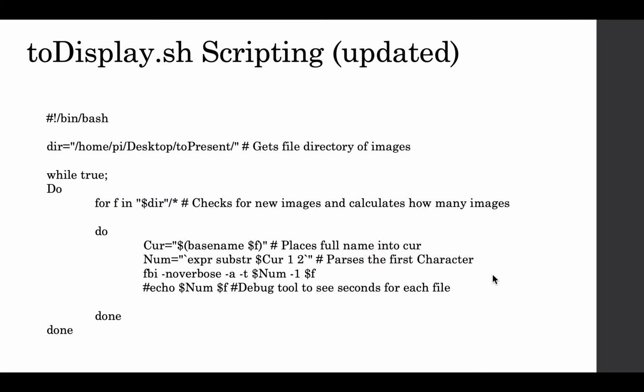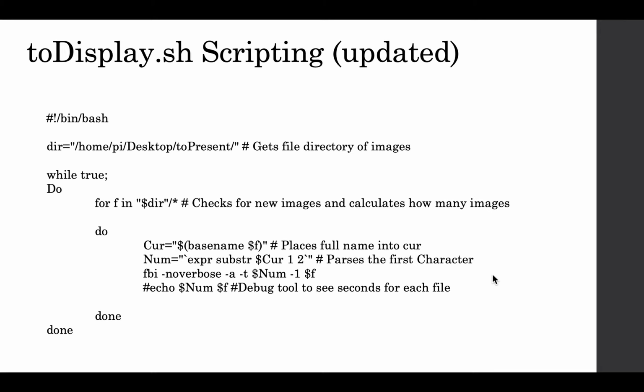We're going to jump into the to display.sh scripting. I use the language shell, which is a very common language for simple programs like this. What you see in the line directory equals home pi desktop to present. That directory is grabbing the folder of all the images.